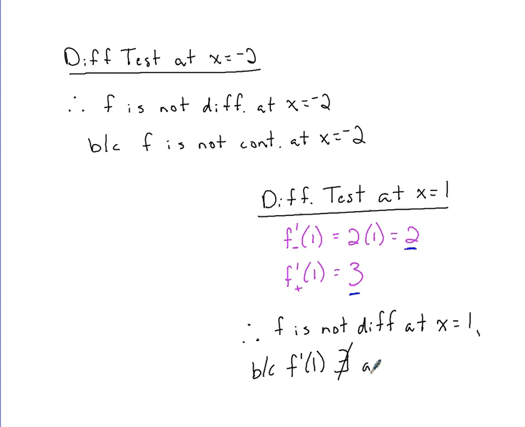And the reason it does not exist is because of what we just showed up here. F prime of 1 from the left does not equal f prime of 1 from the right.